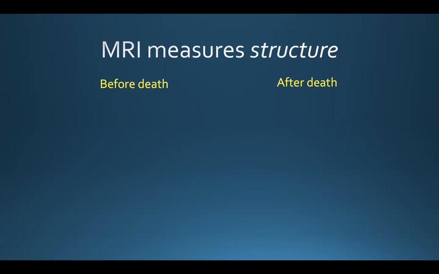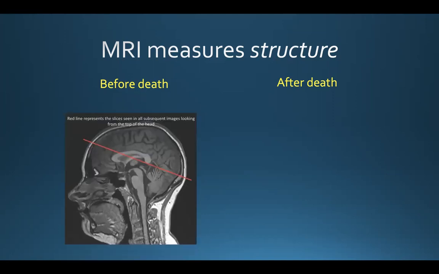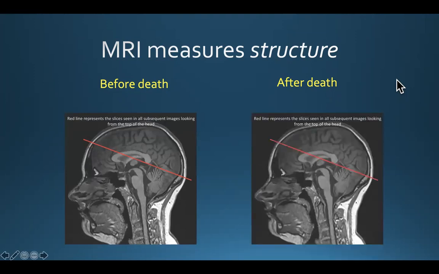What about MRI? Let's look at an MRI done before death. That person had an MRI and the picture looked like that. Then he died, but they decided to repeat the MRI after death. And what did they see? Exactly the same. There's no difference. So if somebody dies, has an MRI, and you send it to a radiologist, the report is going to say what?